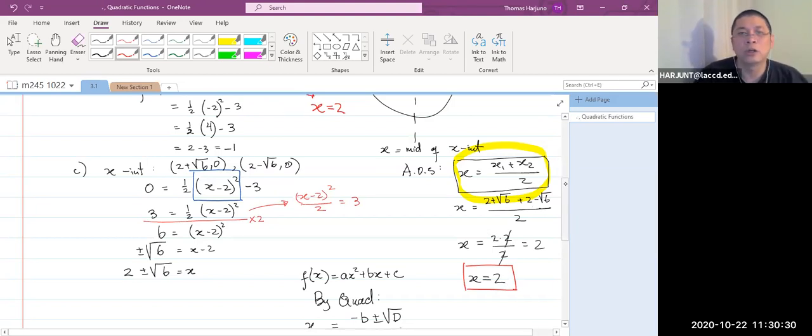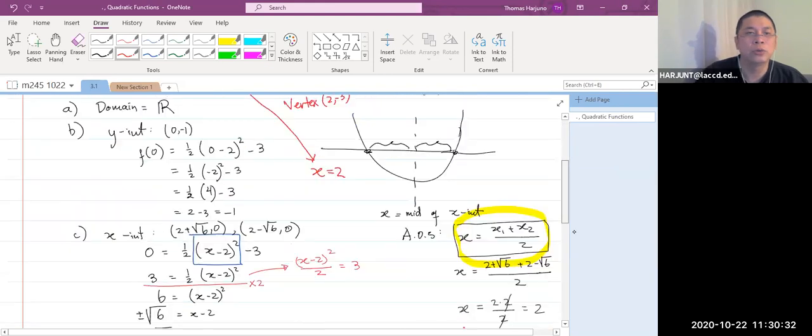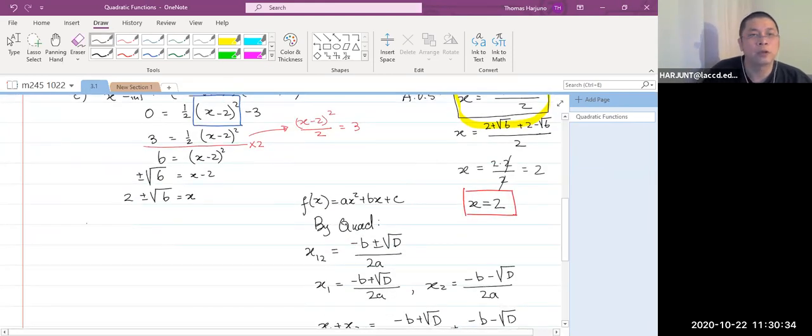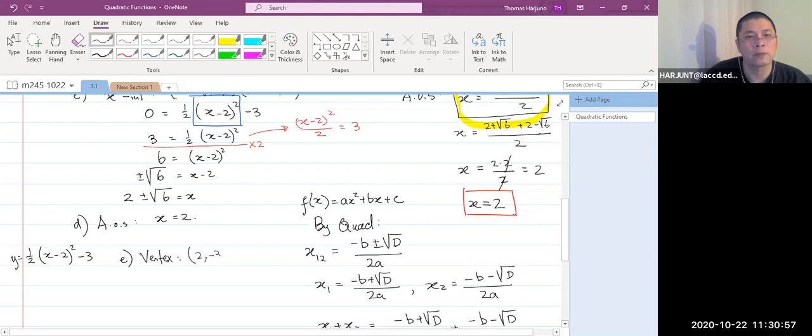So let's continue down here. If the question were, what is the axis of symmetry? Because we have standard form, we know the vertex, therefore we know the axis of symmetry by just looking at that. In fact, we know the vertex too. The vertex is 2 comma negative 3.